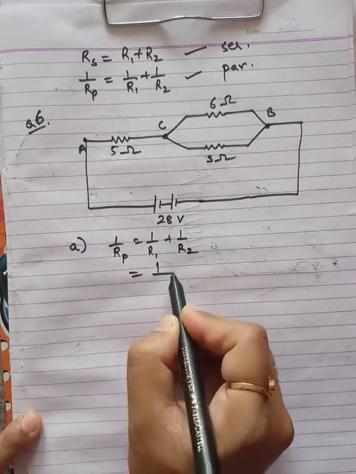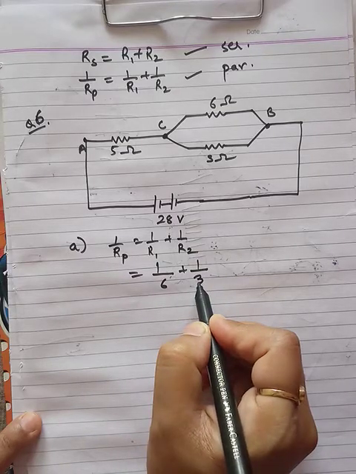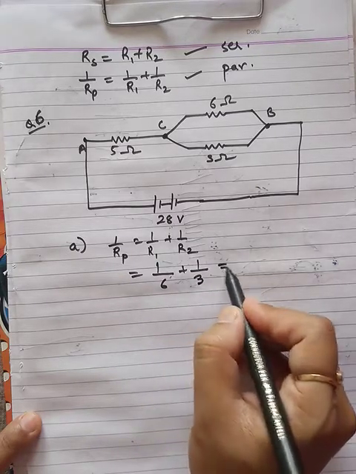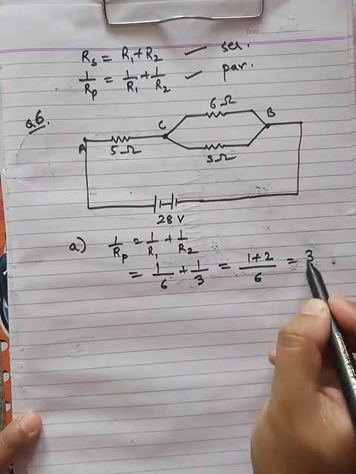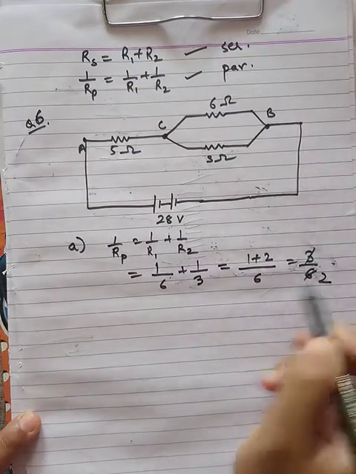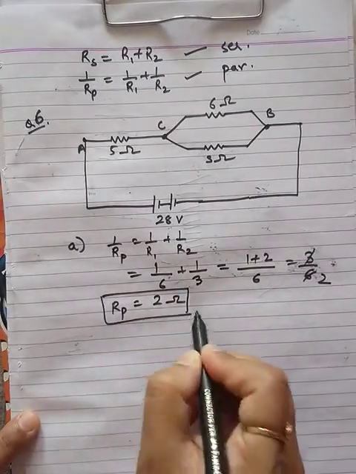That is 1 upon 6 plus 1 upon 3, so it will be equal to 1 plus 2 by 6, that is 3 by 6, that is 1 by 2. So Rp will be equal to 2 ohm in this case.